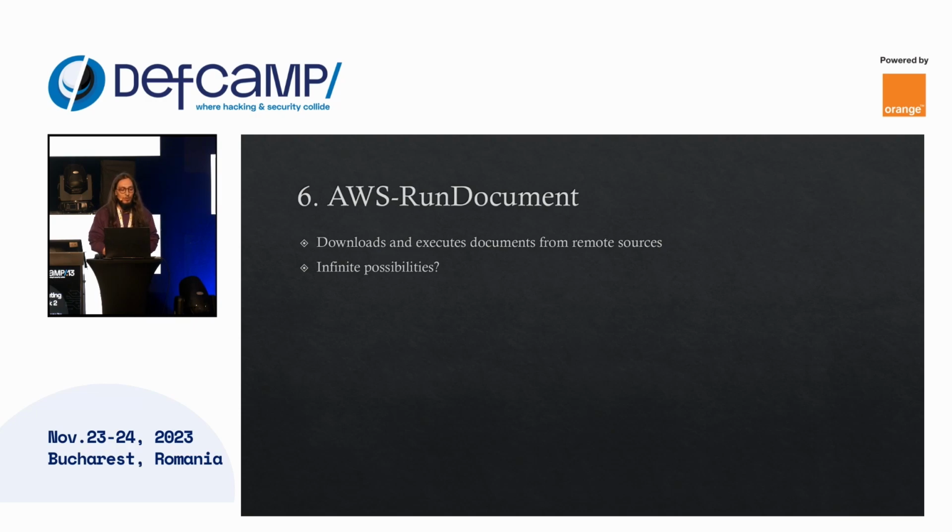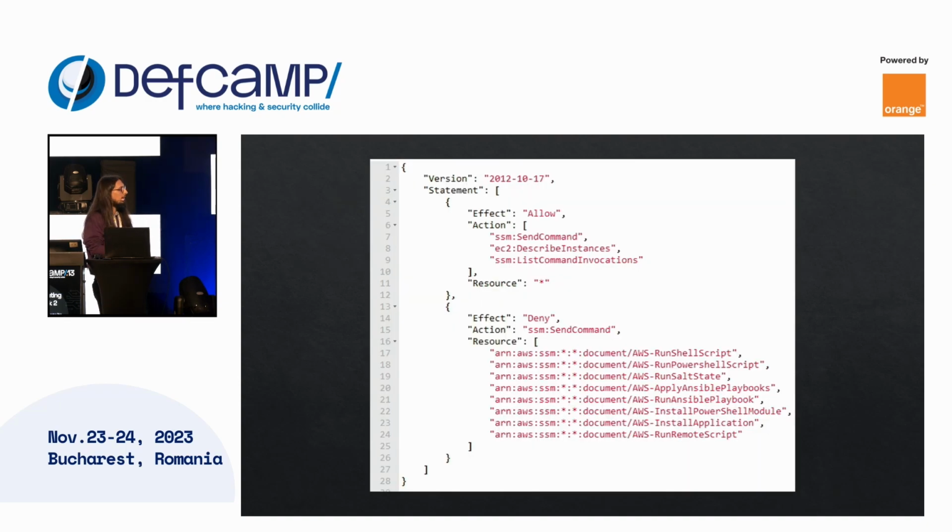And now let's talk about a special document that I really like. It's called AWS-RunDocument. And this one downloads and executes documents from remote sources. And if we look at this permission, where we added all the other documents that can execute code, it's basically useless if you didn't include AWS-RunDocument, because now I can make a copy of any of these documents and I can use AWS-RunDocument to execute it.